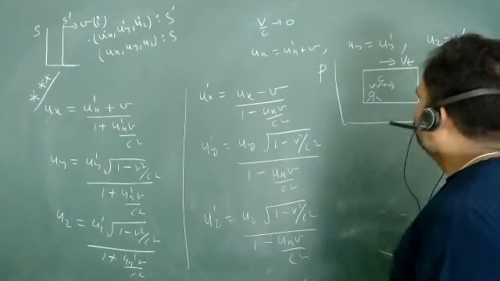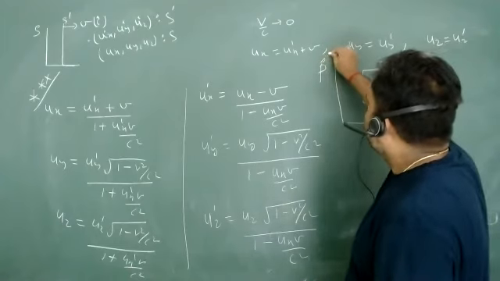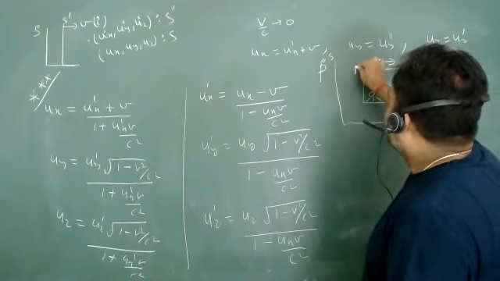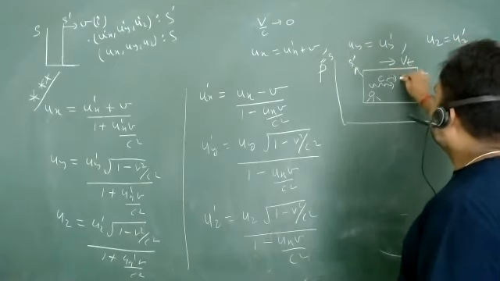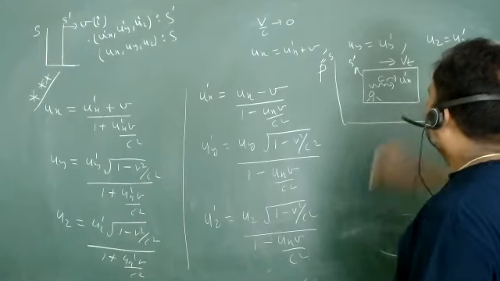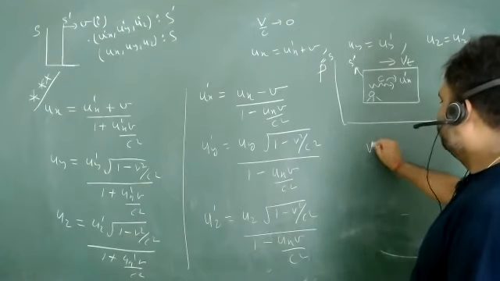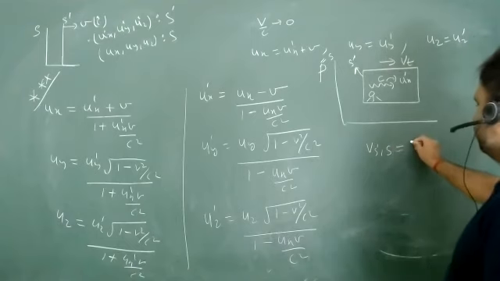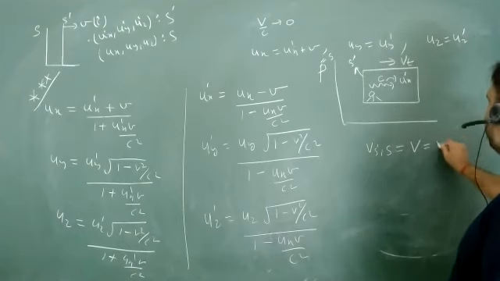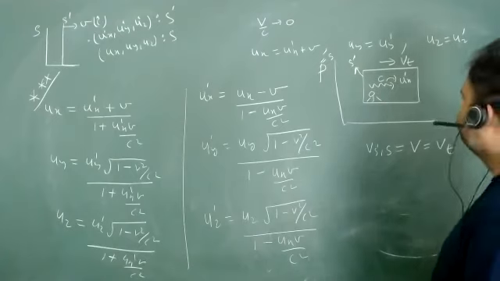So what can I do? I will keep the platform as my S frame. The train is my S dash frame. And this light pulse is nothing but ux dash. So the velocity of S dash with respect to S is v, and this value is vt.